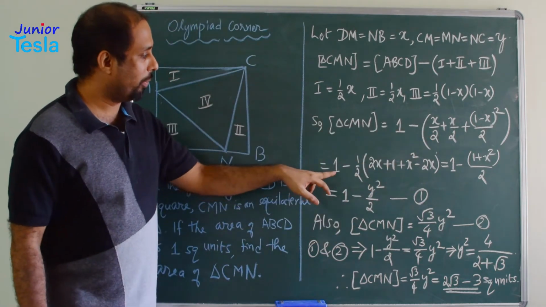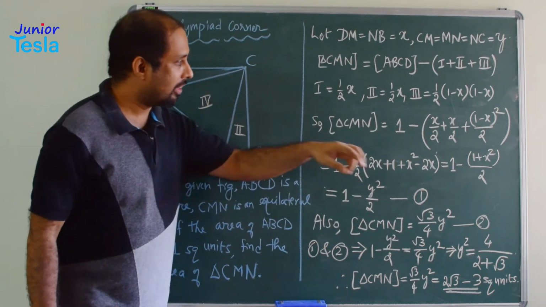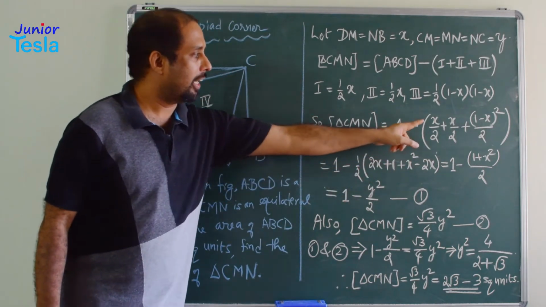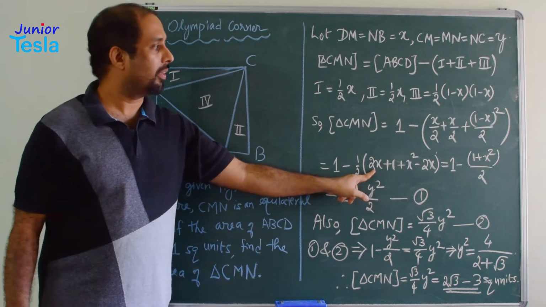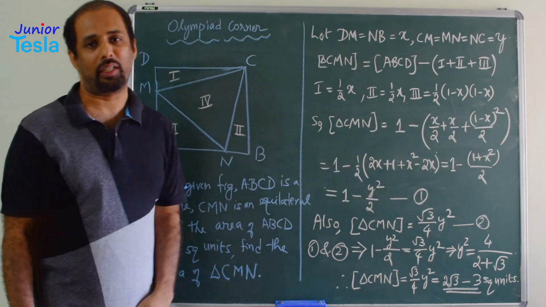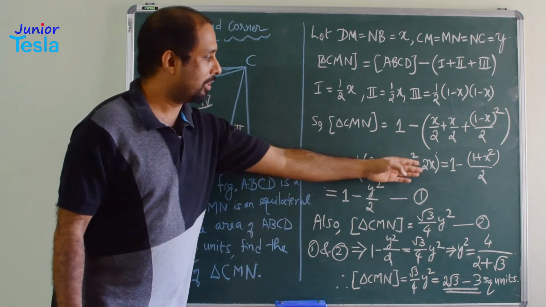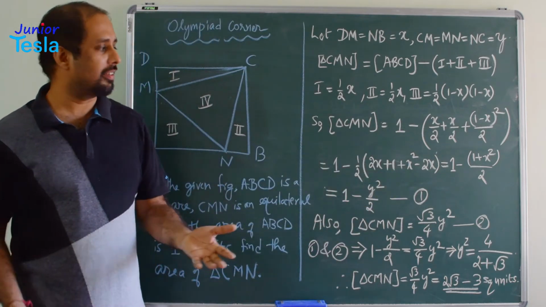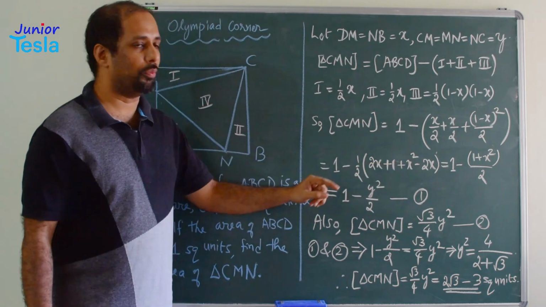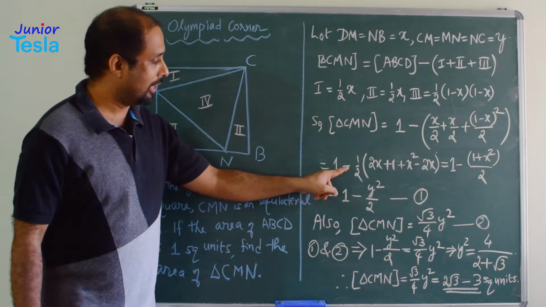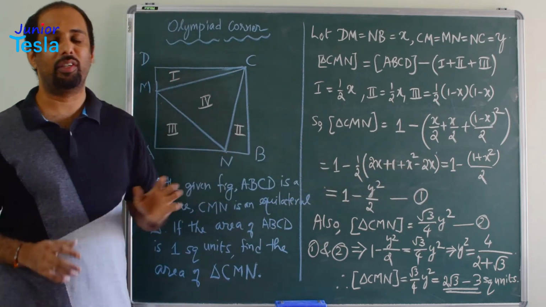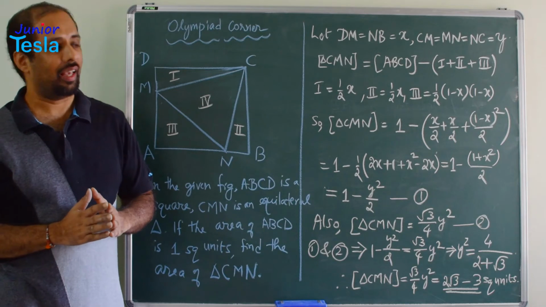So it is 1 minus, now from this the half can be taken outside, and what is remaining is x plus x, which is equal to 2x, and (1 minus x) whole square, which is equal to 1 plus x square minus 2x. Now here plus 2x and minus 2x get cancelled, and what is remaining is (1 plus x square) divided by 2. So 1 minus (1 plus x square) divided by 2, that is the area of the triangle CMN.